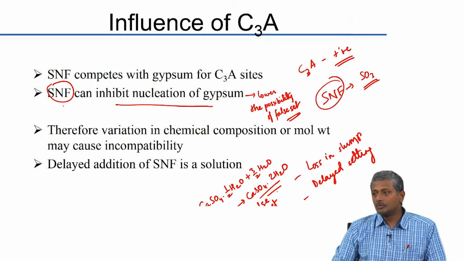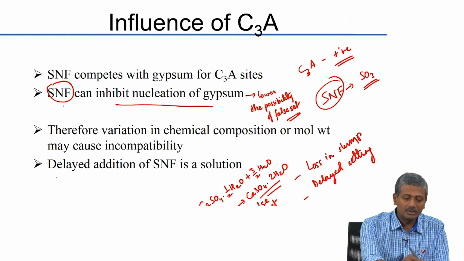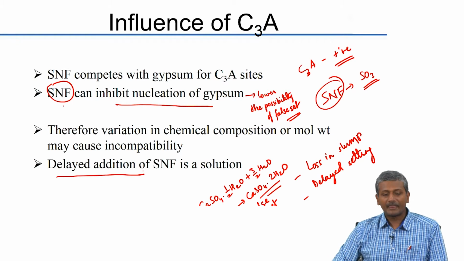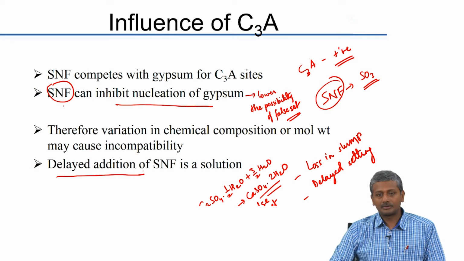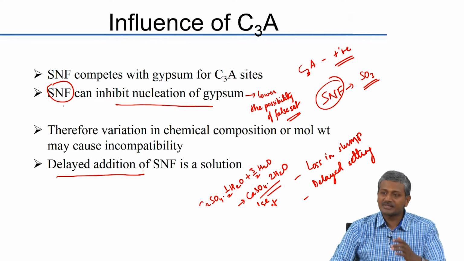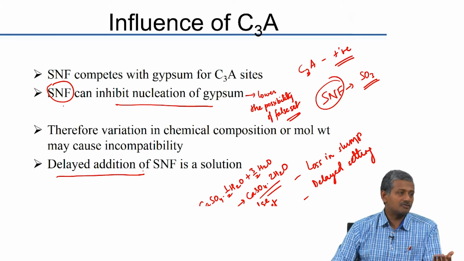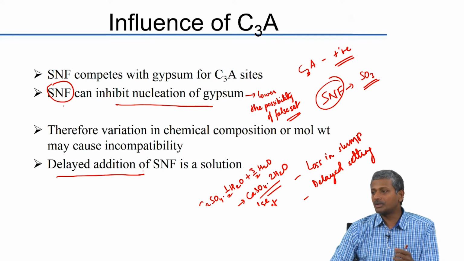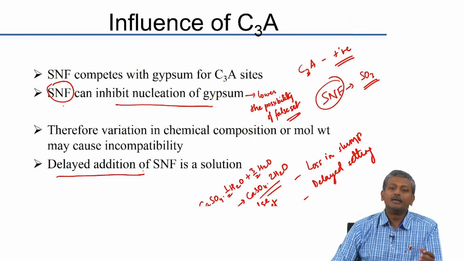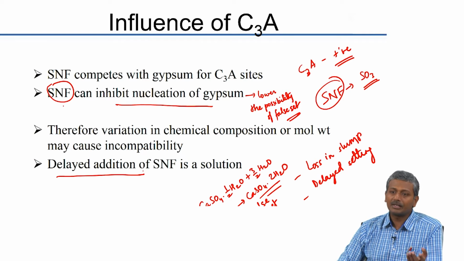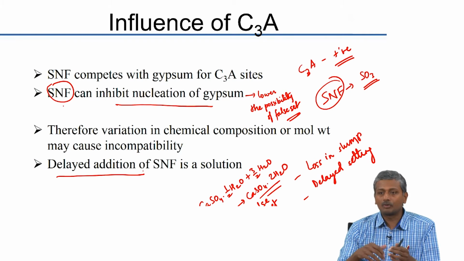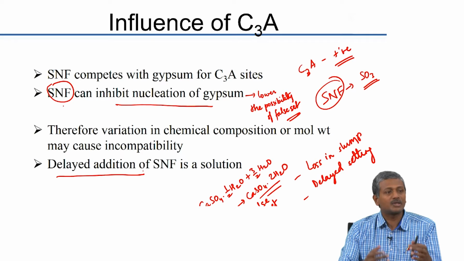Now, what I can do in this kind of condition is add my SNF a little bit late to the system. What does that mean? First I add the water to the cement. What will that end up doing? It will promote the interaction between sulfate and C3A first, and then I add the SNF, and that will lead to improved dispersion of not just the unhydrated grains, but also the initial hydrates that are forming in the system.